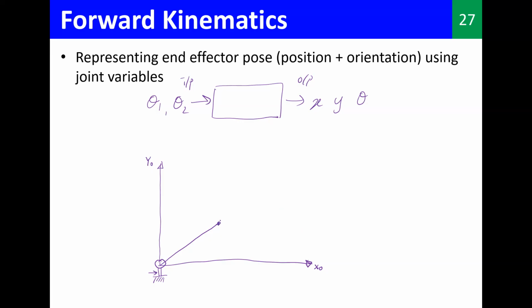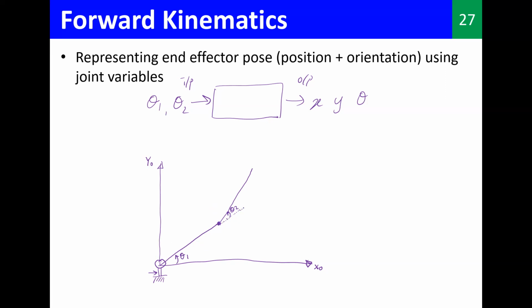Here we have a joint, and here we have another link. Let me call this theta 1. This is the joint angle of the first joint. And here, let me call this theta 2, which is with respect to the previous link. That's why I drew this dashed line like this.